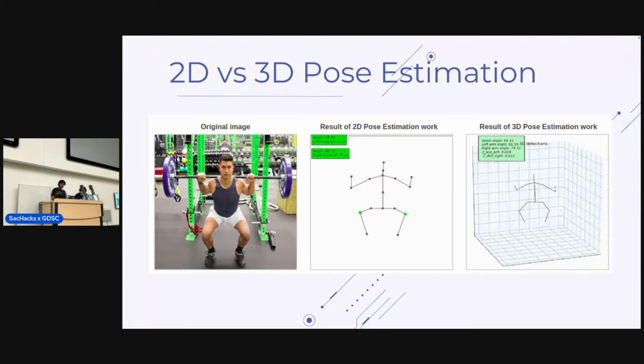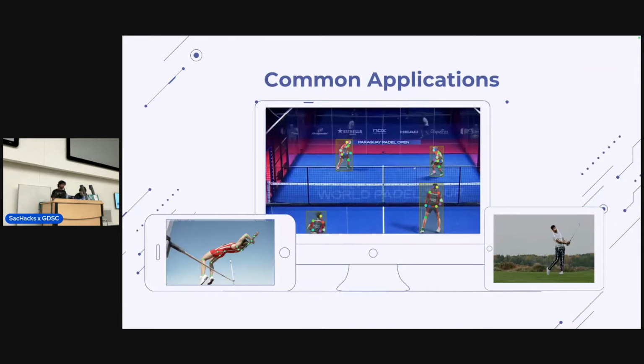So let's go over some real world scenarios where you can use this in terms of a hackathon. If it's a sports related project and you need to see how accurately someone is standing while playing golf.